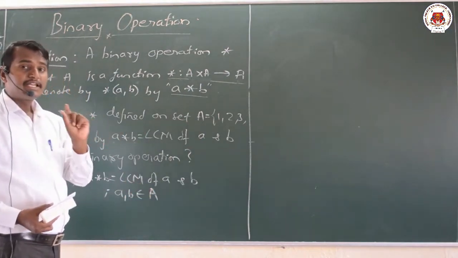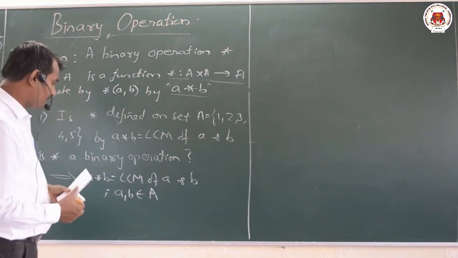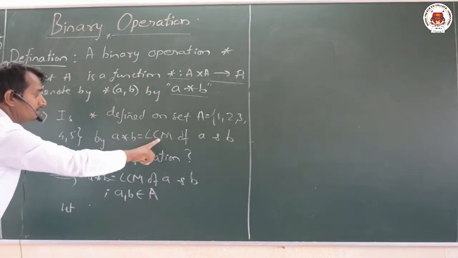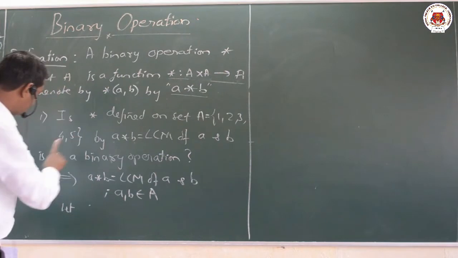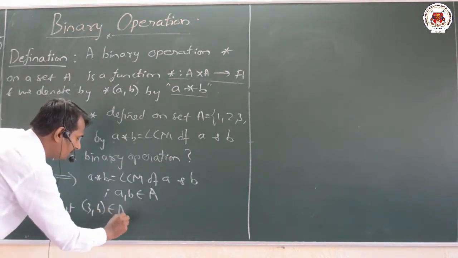For every A and B, we can choose any elements of A. For example, I will take 3 comma 4, which belongs to A.